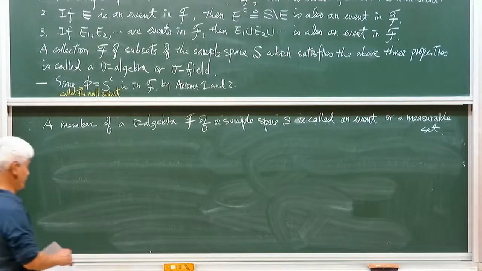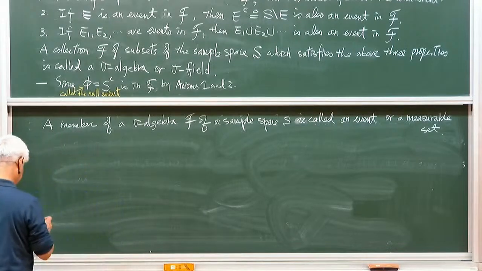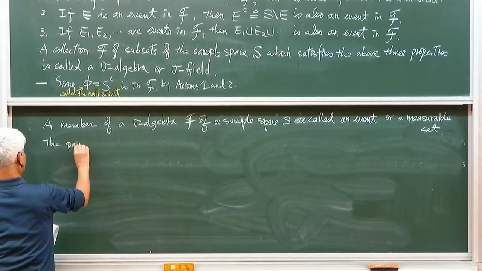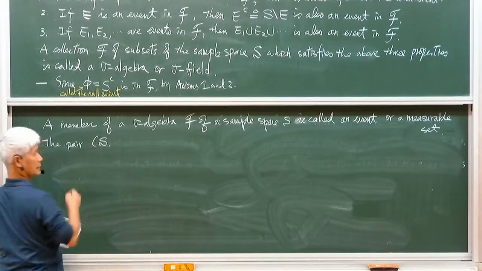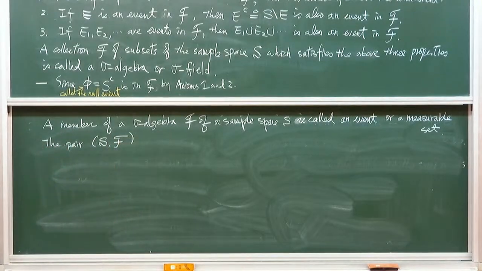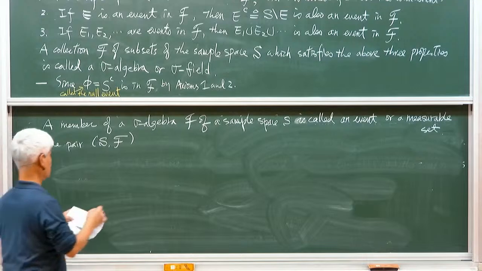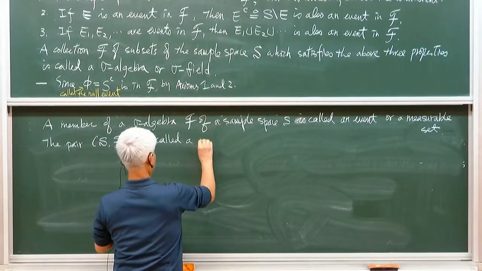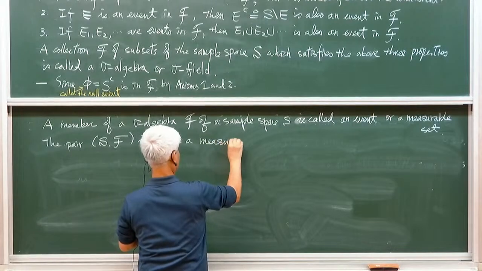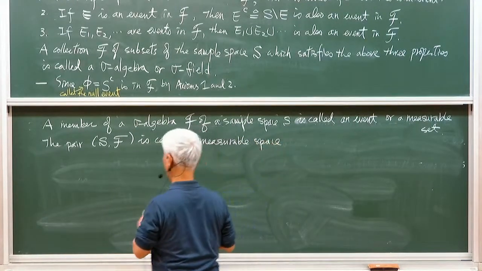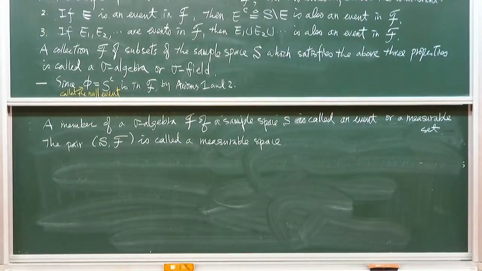Okay. And the pair, sample space and sigma algebra, is now called a measurable space. Okay, so all these are names we have.